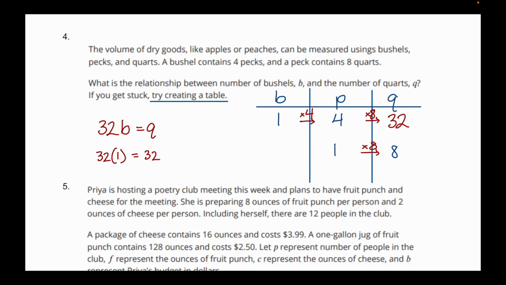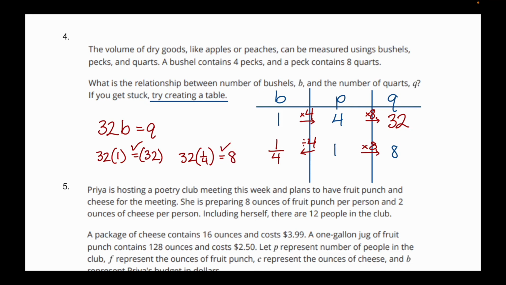Now, for the second row, we didn't fill in a value on the very left. Because we're going backwards to fill this in, we are going to divide by 4. So this becomes 1 over 4. If we checked this one, this would be 32 times 1/4, and we would want that to be equal to our quarts, which is on the other side, which is 8.